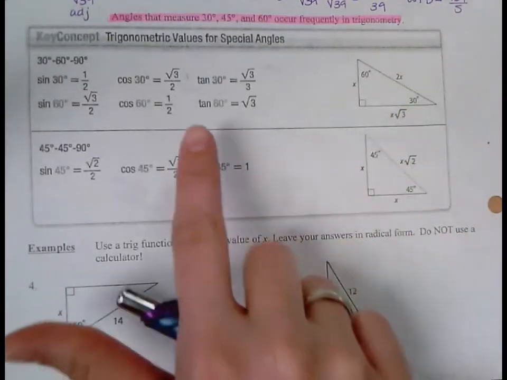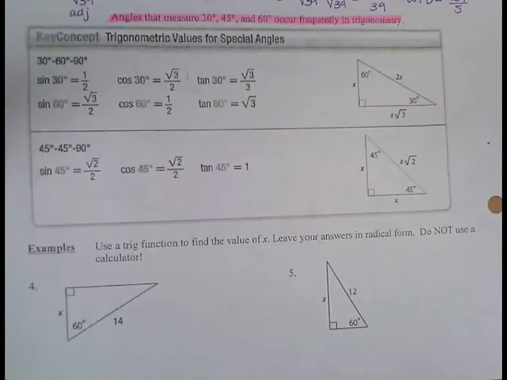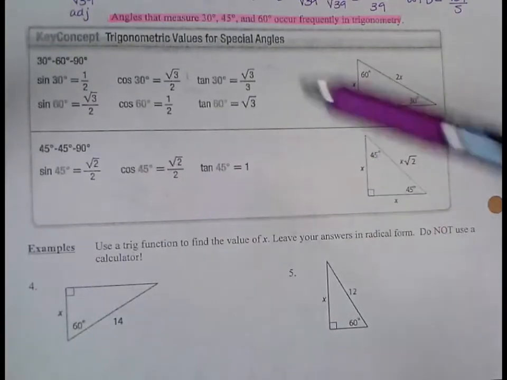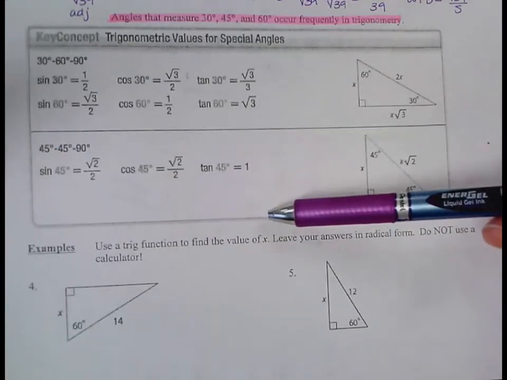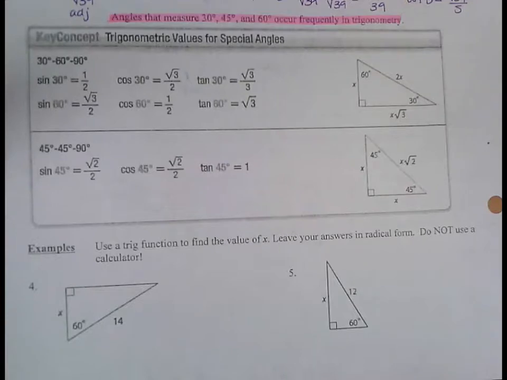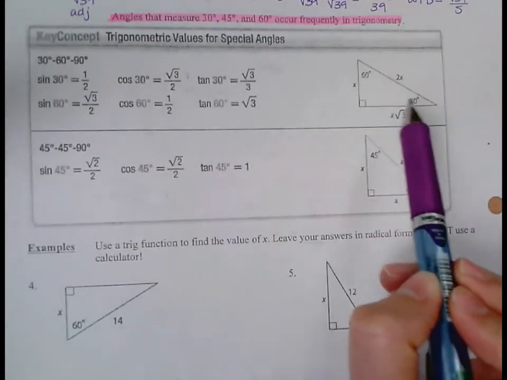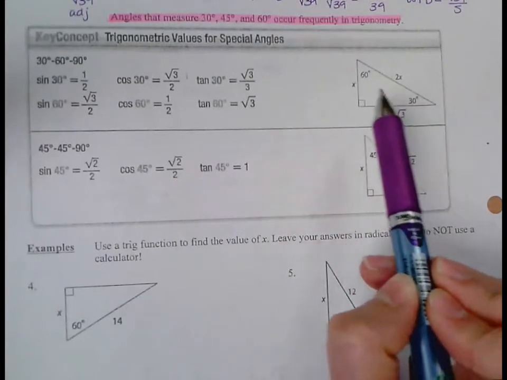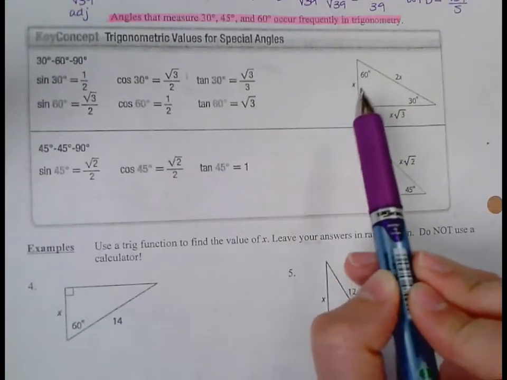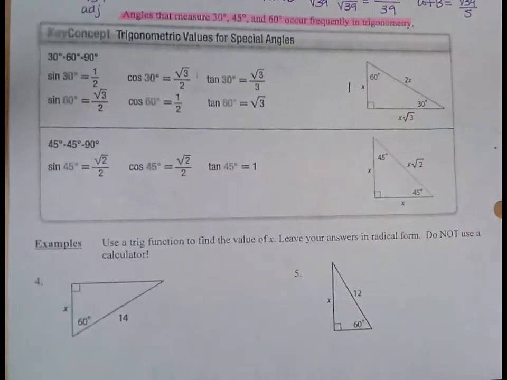So I have on here, because these are special right triangles for 30 degrees, 60 degrees, 45 degrees. I need your attention up here, please. That means the trig ratios, sine, cosine, tangent, have special measures for those angles. So when you're looking at these formulas, you may remember for a 30, 60, 90, so the short side, which would be opposite the 30-degree angle, if we just call that x, I'm also just going to label here, I'm going to put a 1 there.